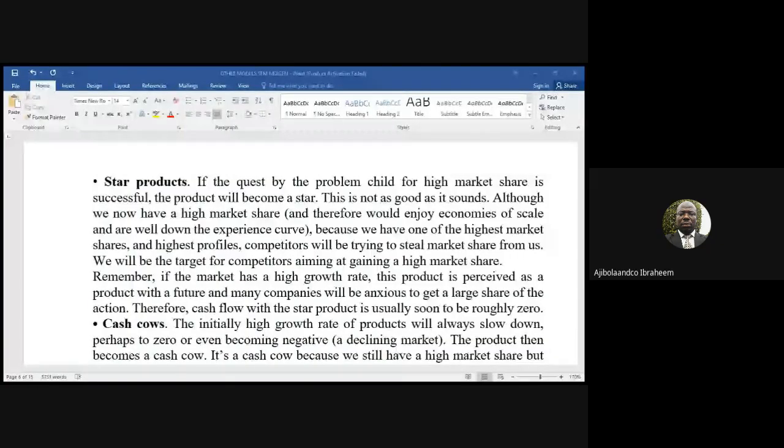She was the most beautiful lady in the world. If you see her now, if she doesn't make up, you know she looks different. So the same with Star Products, they're not going to be there forever as star. The product might still be existing, but they will not have that same growth rate. The growth rate will drop, even though they may still maintain the relative market share.